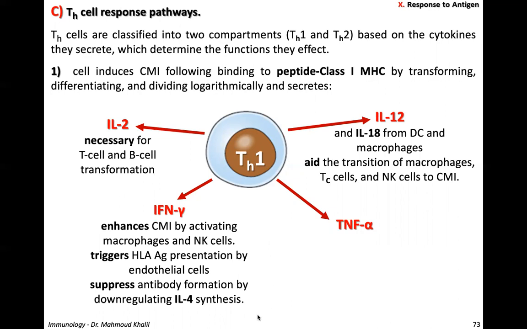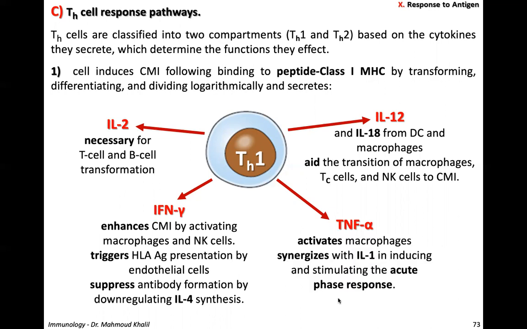So now we understand that interleukin 4 is a very important cytokine in promoting the synthesis of antibodies from plasma cells, while TNF alpha activates macrophages and synergizes with interleukin 1 in inducing and stimulating, of course, the acute phase responses.